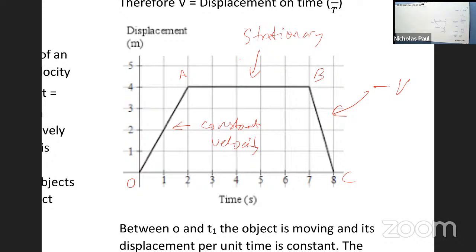Right? So a negative value for velocity, or a negative gradient, means the change in direction. Make a note of that. A negative gradient on a displacement time graph means a change in direction.